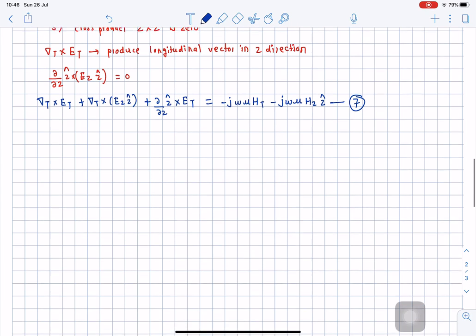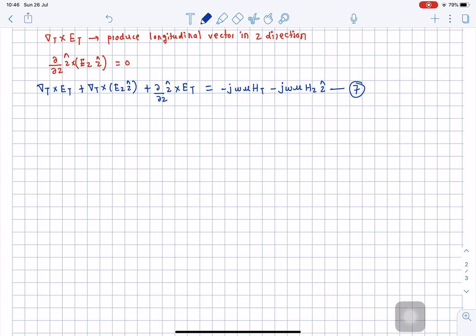Next we will equate the transverse field components on both sides of equation 7. First of all, you should know what the transverse field components are.